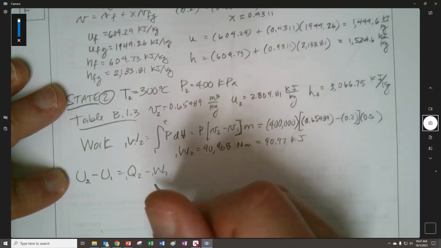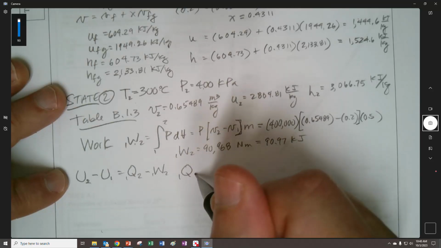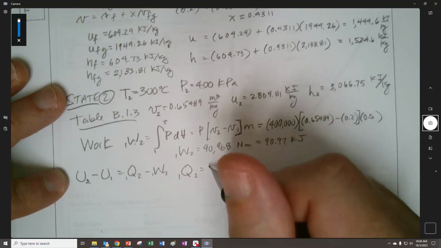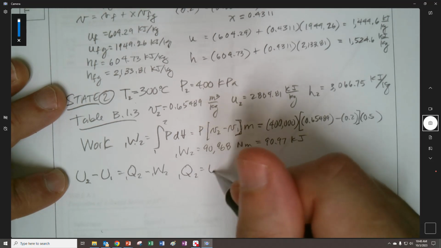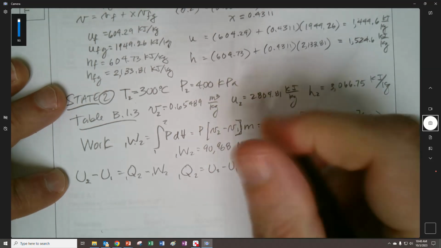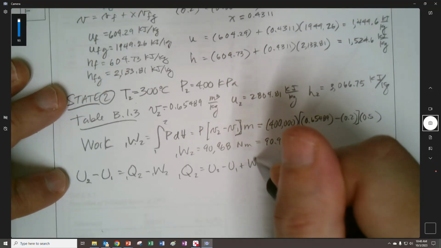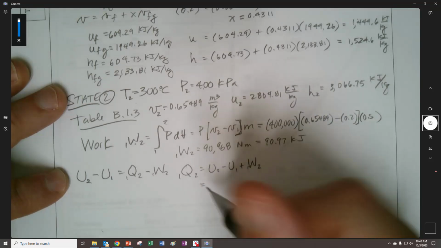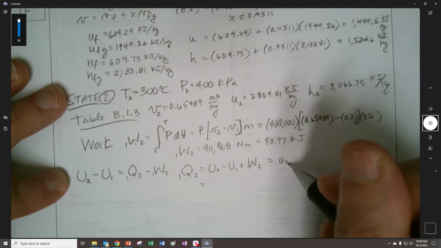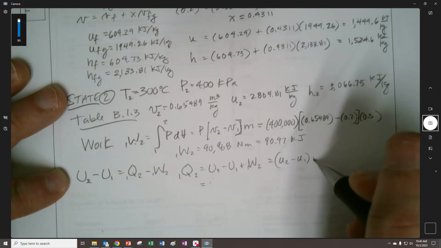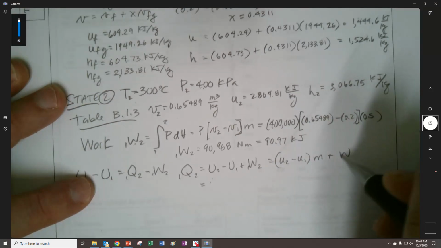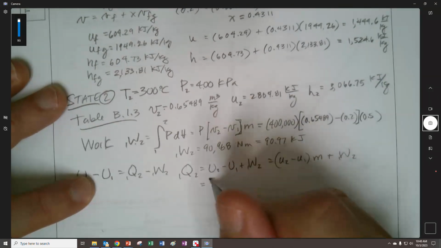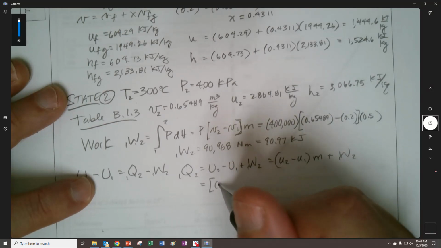And so if we wanted to get the heat between 1 and 2, we would take U2 minus U1 and add the work between 1 and 2, which would be U2 minus U1 times the mass plus the work between 1 and 2.